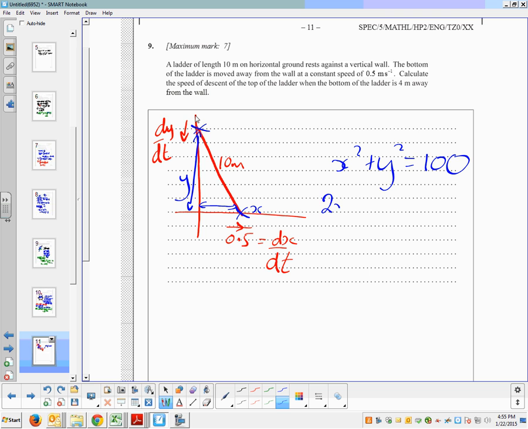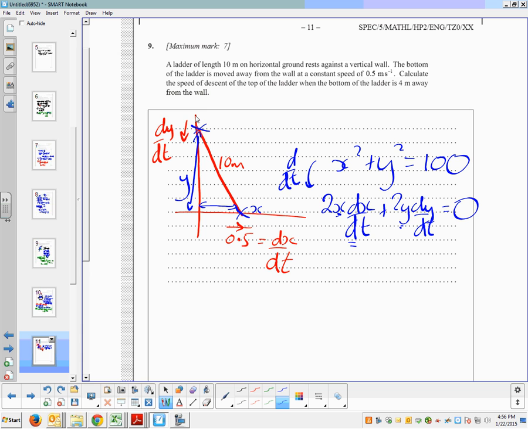Differentiating that with respect to t, you get 2x dx by dt plus 2y dy by dt equals 0. We want to substitute in a value for x. We've got a value for dx by dt.